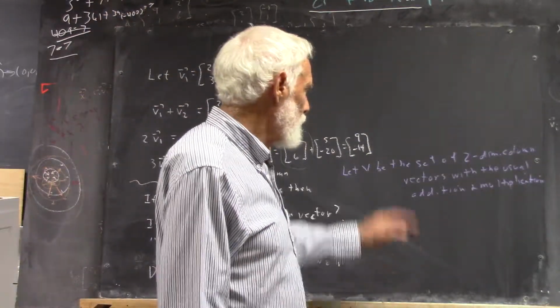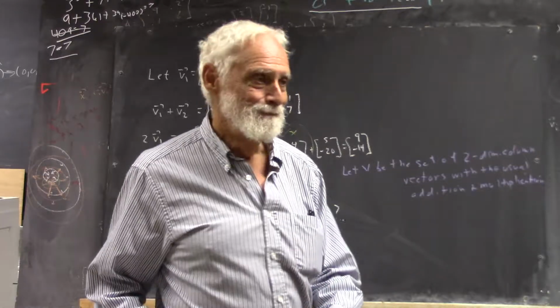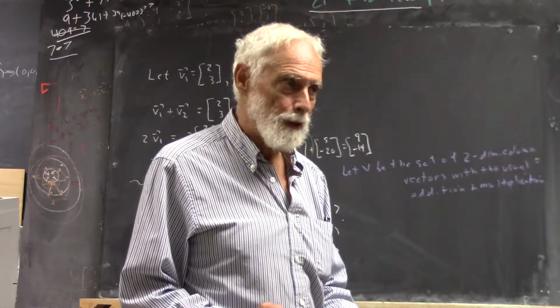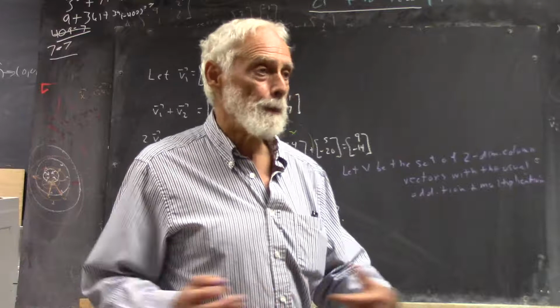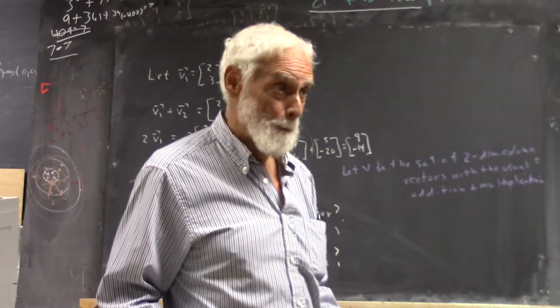You have to have a set of vectors and a set of scalars. The vectors are the 2-dimensional column vectors. The scalars are the numbers you can multiply by those vectors. Okay?